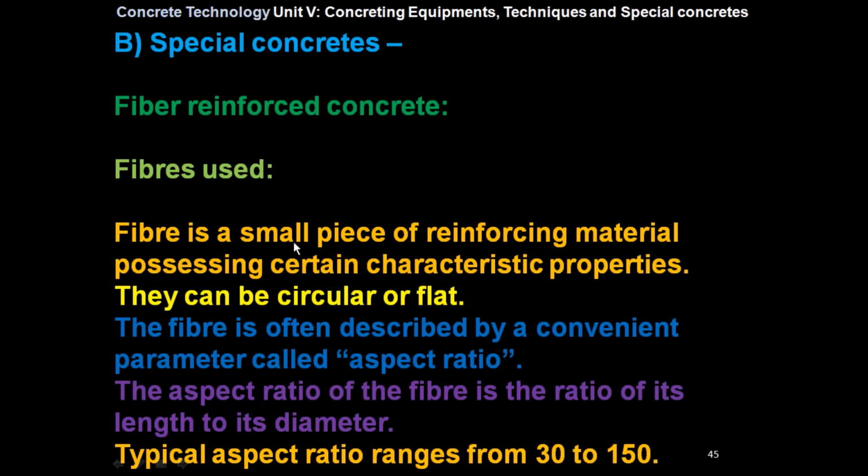Fiber is a small piece of reinforcing material possessing certain characteristic properties. They can be circular or flat. The fiber is often described by a convenient parameter called the aspect ratio. The aspect ratio of the fiber is the ratio of its length to its diameter. Typical aspect ratio ranges from 30 to 150.